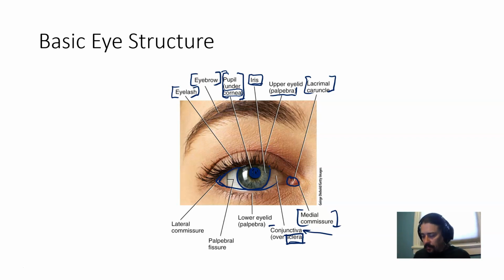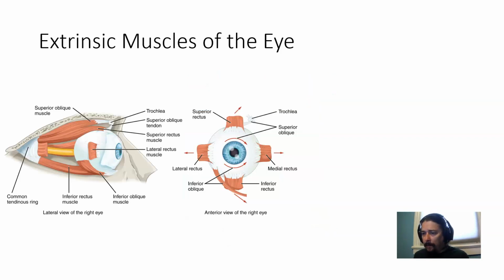Moving along, as you probably know, you can move your eye. You can look at different things. Turns out you can actually rotate your eye in all three dimensions. If you imagine a three-dimensional object, there are three axes that you can rotate about.